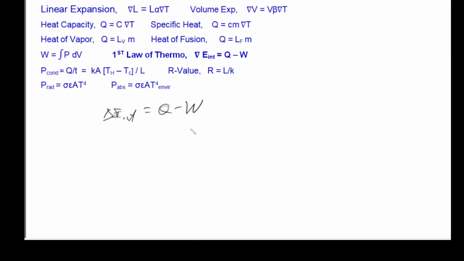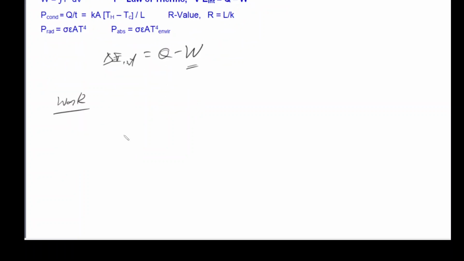Let's look at the other part of that equation, which is the work done. Now, work can be done by a system or on a system. So let's go back to our cylinder with a piston, and we have gas in it, and we're heating that up with a candle.